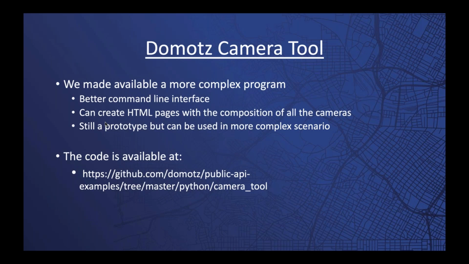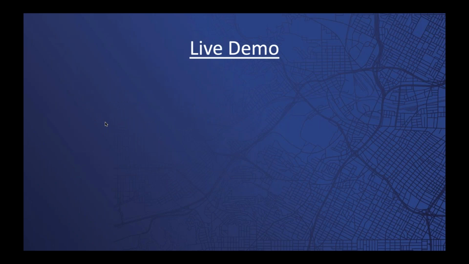But you can study and look at it because it's all, I hope, documented and understandable. The program has a little bit better command line interface, and as a final result, you can create a full HTML page with all the snapshots of a site, all the snapshots of an agent. It's still a prototype, but you can use it as a baseline for a more complex scenario, matching your needs.